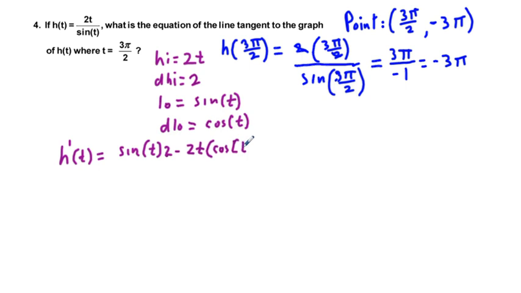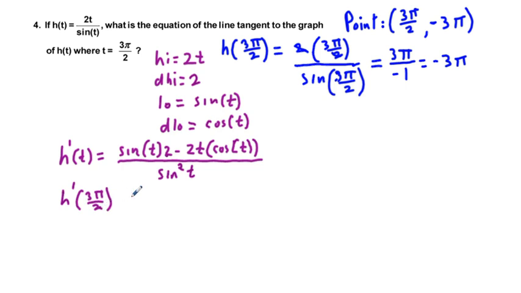I'll just write it like that. And that over low squared. So instead of sine t, we're going to have sine squared of t. And can we simplify this at all? Yeah, we can, but we're just going to put in, we'll say h prime of 3 pi over 2.